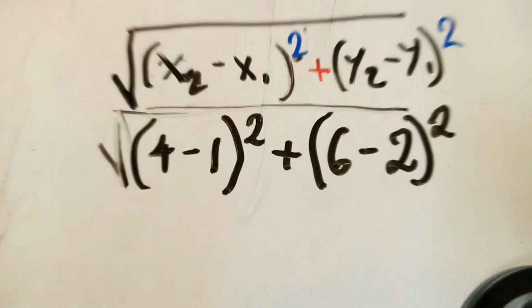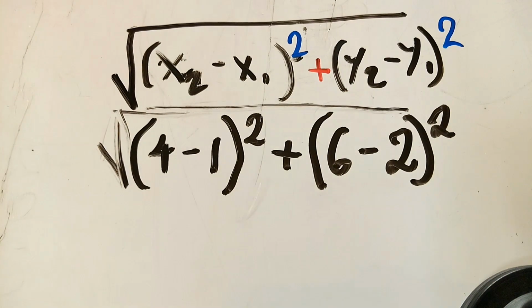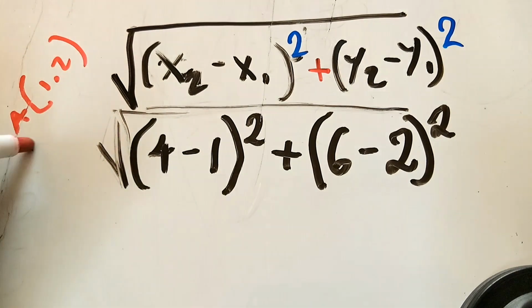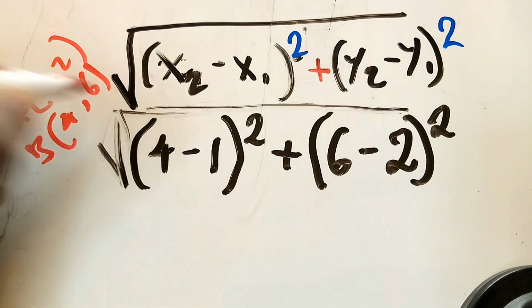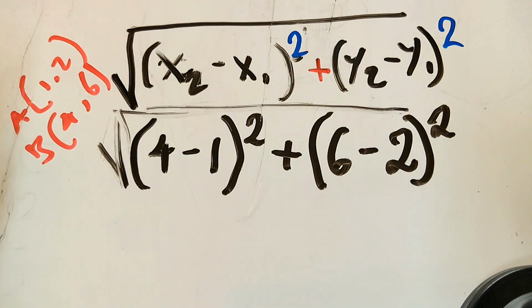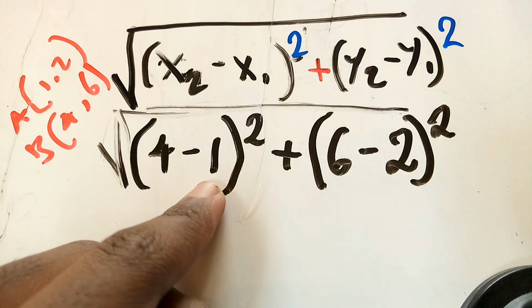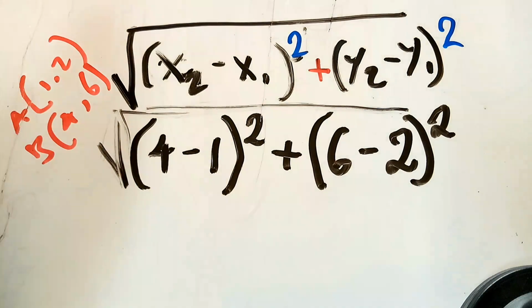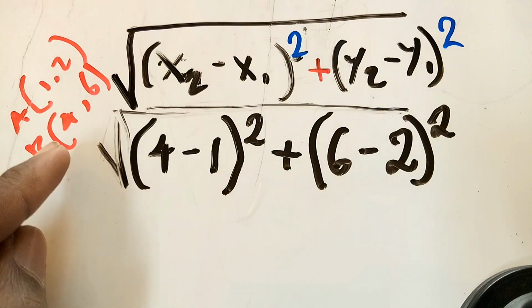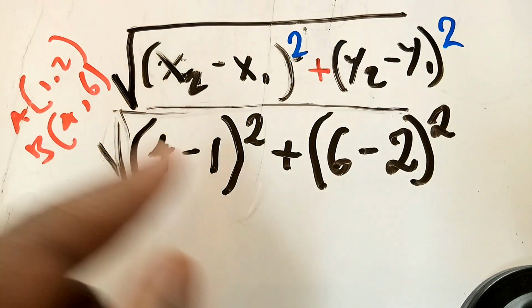Because I gave you the coordinates as A was (1, 2), B was (4, 6). So this is our x1, this is our y1, this is our x2, and that's our y2.